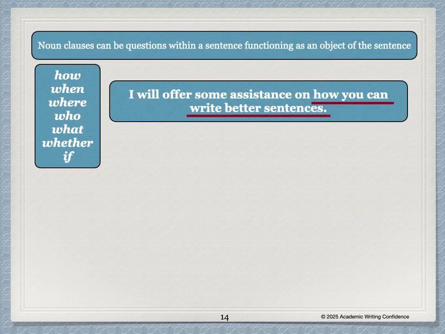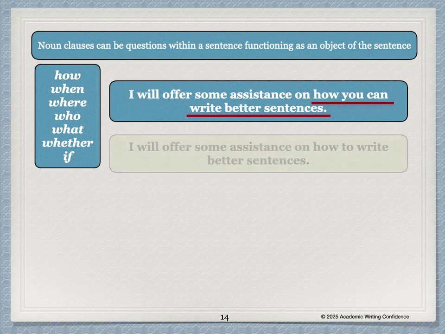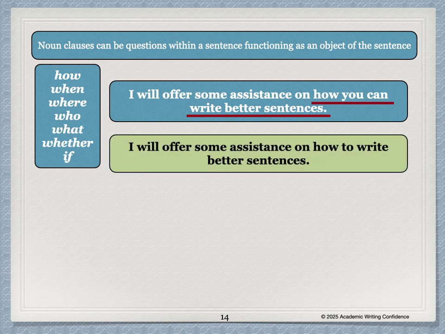I will offer some assistance on how you can write better sentences. You can see the noun clause at the end of the sentence. We can make this more concise in this way. I will offer some assistance on how to write better sentences. We use an infinitive, the words to write.